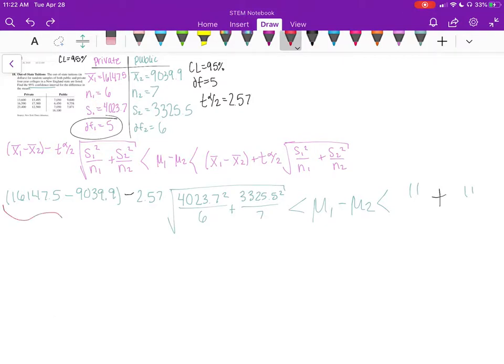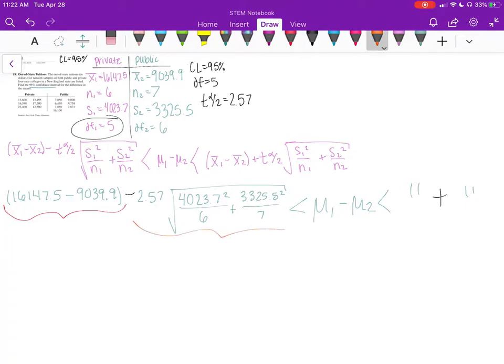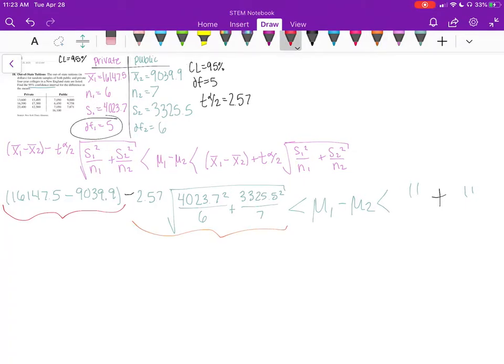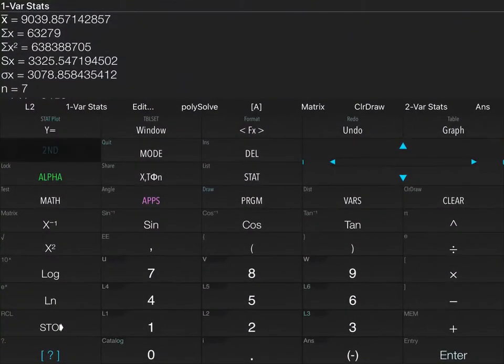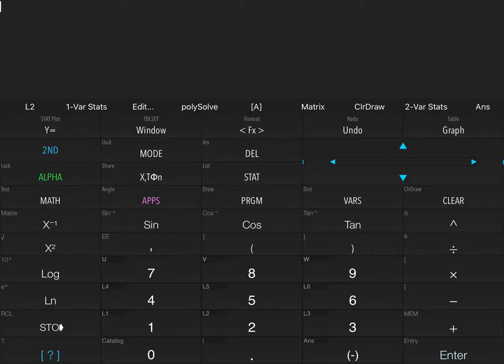So let's put that into our calculator. Let's do this part, and then we're going to have this part separately. So let's do the first part of it. We have 16,147.5 minus 9,039.9.